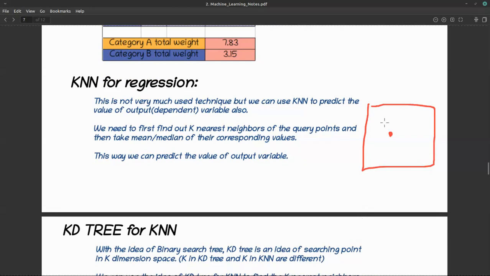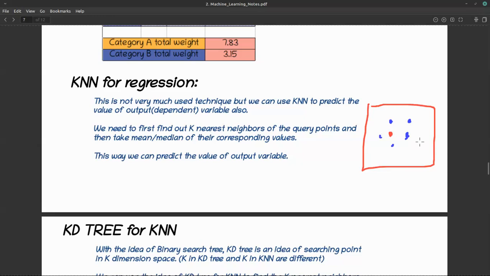Given all the parameters, I want to predict the income of this person. Then I will take, let's say, k equal to 5. 1, 2, 3, 4, and 5. So let's say these 5 are the nearest neighbors from the training data set, right?